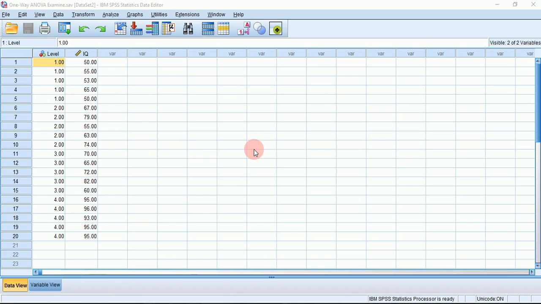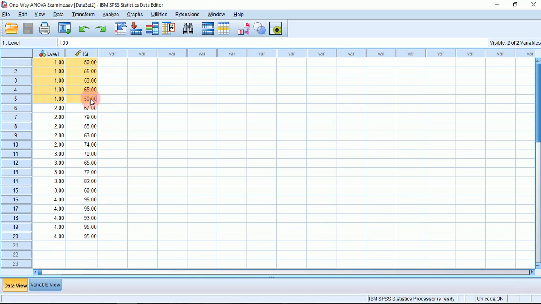The scenario is just like my dataset here. Here I have collected the IQ score of 20 different people, and these 20 different people are grouped into 4 groups based on their level of education. I have assumed the first group, which I defined as 1, have passed their higher secondary exam.